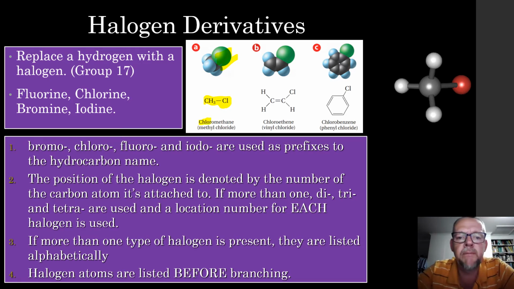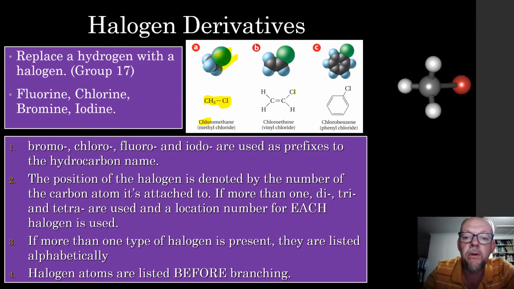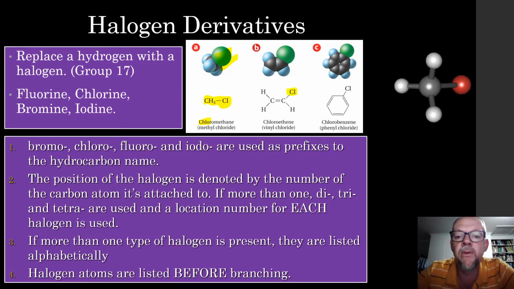So if I have a look at, for example, chloromethane, you know that methane is what, CH4. In this case, we're just looking at the chlorine and using that as the prefix for this name. We can also call that a methyl chloride. It's generally just called chloromethane. Now, if we have a look at chloroethene, what do we got? We've just got one chloro on here. If we had two, we'd call it a dichloroethene. And if I wanted to just swap a hydrogen for a chlorine on a benzene, I will just call this a chlorobenzene.